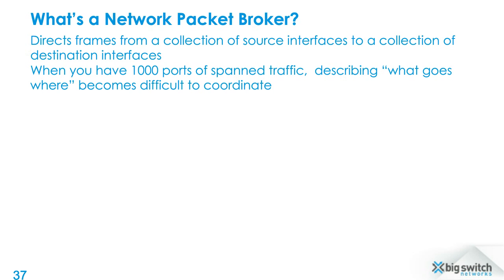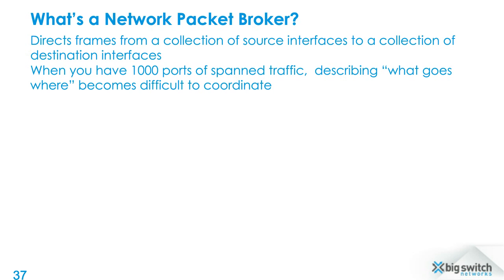And that's a reasonable model, but imagine now that instead of you having a single switch, you've got an enterprise that has 100 switches, and each one of them has a span port on them. And now you want to take all the traffic from all those switches and send it to a bunch of different services. That's a configuration nightmare.